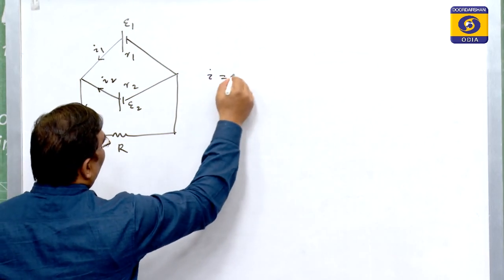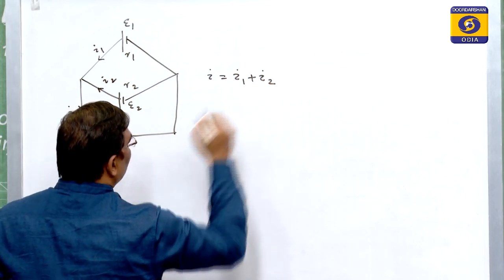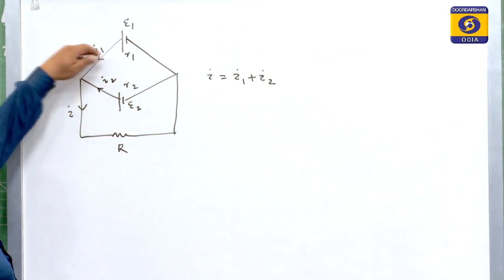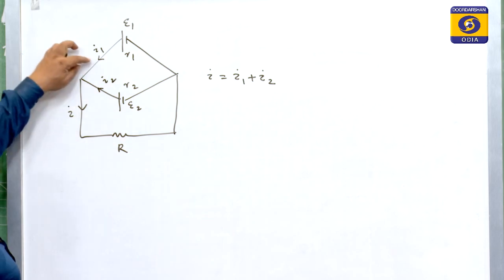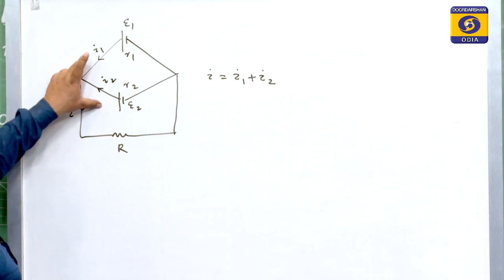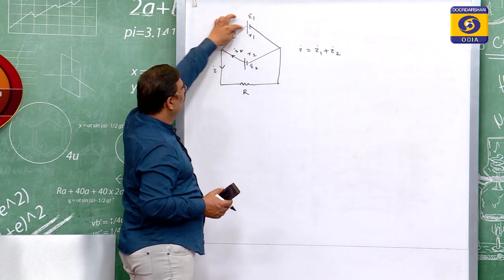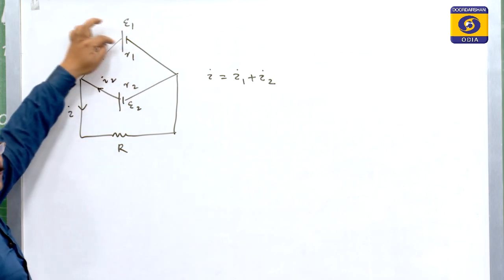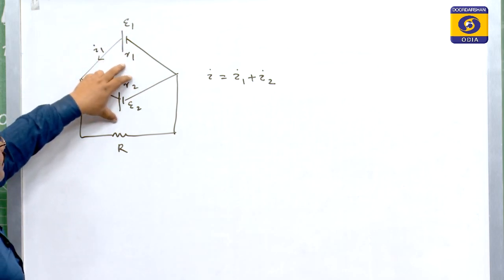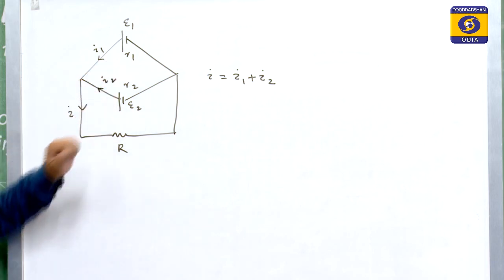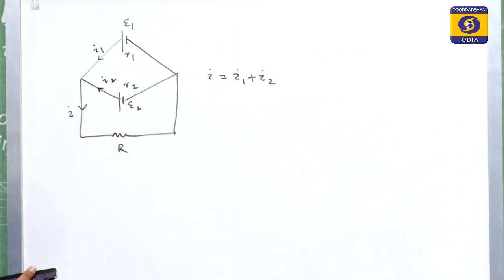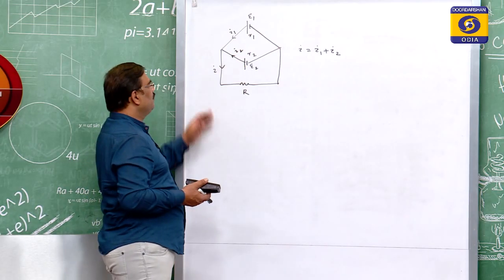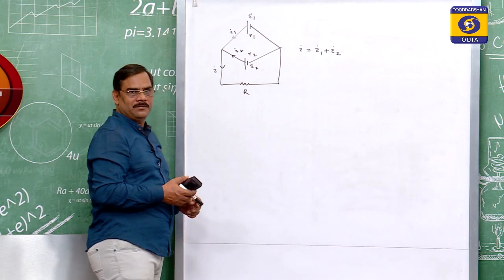So, your current I will be equal to I1 plus I2. The currents I1 and I2 can be calculated by using Kirchhoff's second law. There are three networks here: the E1 network, the E2 network, and then the E1 E2 network. So, using Kirchhoff's law in these three networks we can get three equations, out of which from two equations we can find out the values of I1 and I2 in terms of R after some time.